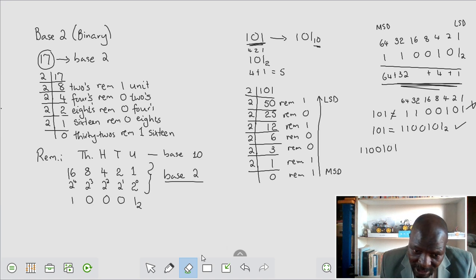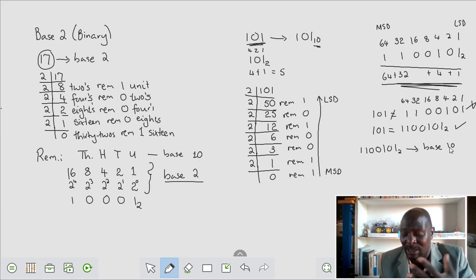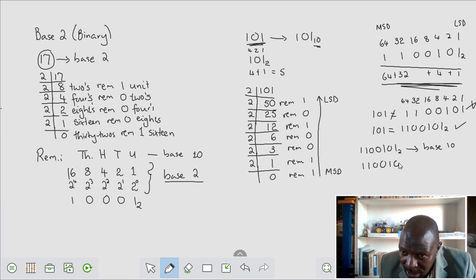But if it has a little 2, or you tell me it's in base 2, and then you say I must change that to base 10, our language, I'm now going to decipher. I'm now going to decode. So if I have to come to base 10, I'm coming to our language, so I'm decoding. So I will say, okay, I know that 1100101, this stands in the what?